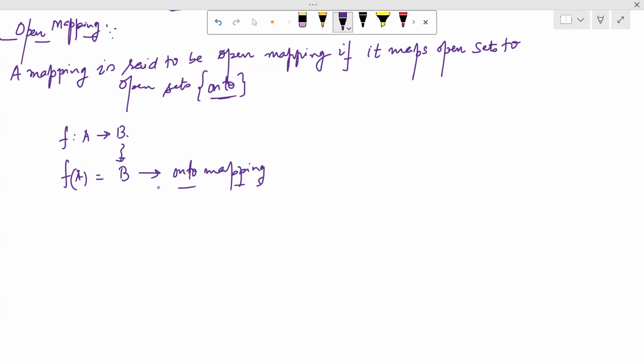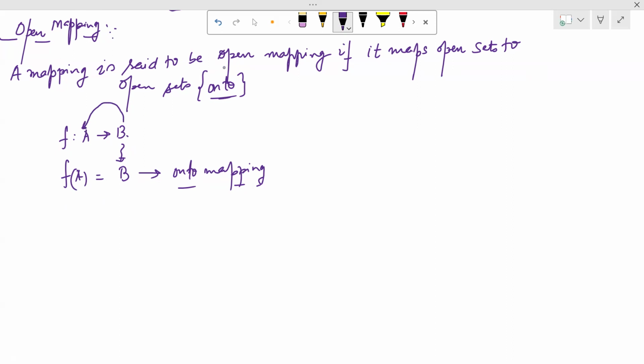Or, very traditionally, for every element in set B, one must have a pre-image in set A. If that is the case, then also the mapping is onto.